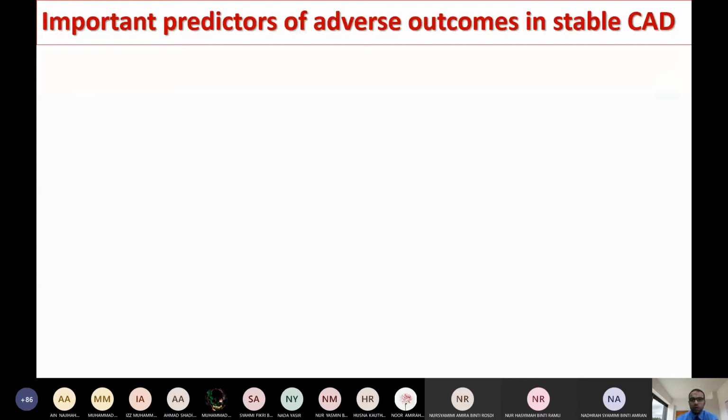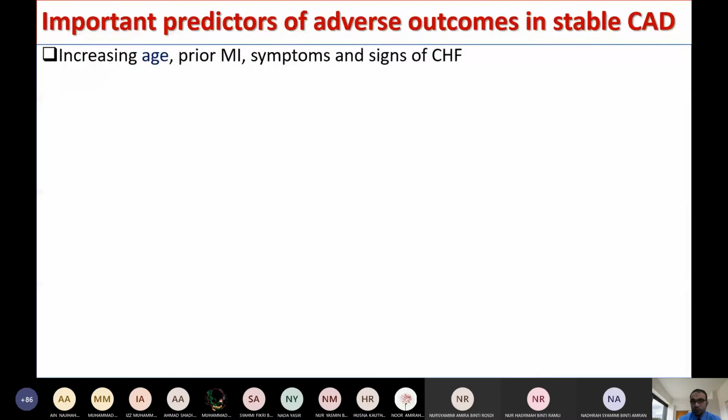So before we go to the treatment, what actually makes the stable coronary artery disease have adverse outcomes?